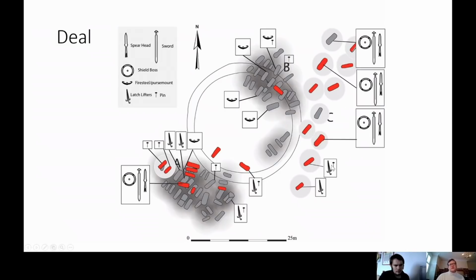And then this group C to the east here is chronologically separated. So these first two are 5th and 6th century, early and middle 6th century, and this later group here are later 6th and 7th century. And they have more weapons and some girdle hangers as well. So they're also distinct from these materially.